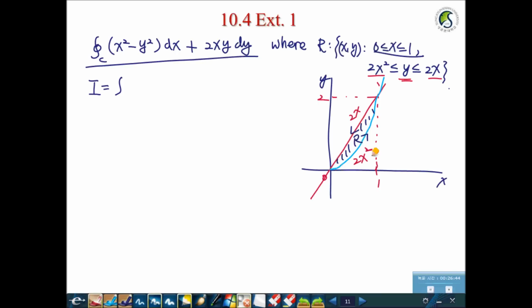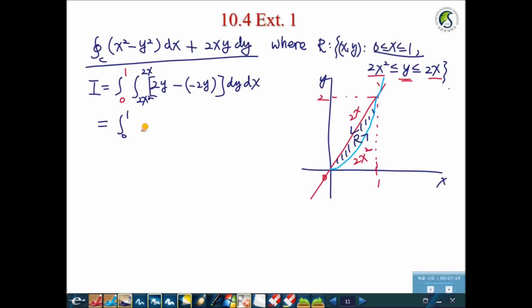This function is well defined, so double integration will be much easier. So from 0 to 1, 2x squared to 2x, df2 over dx is 2y, minus df1 over dy, that's minus 2y, and that's dy dx.